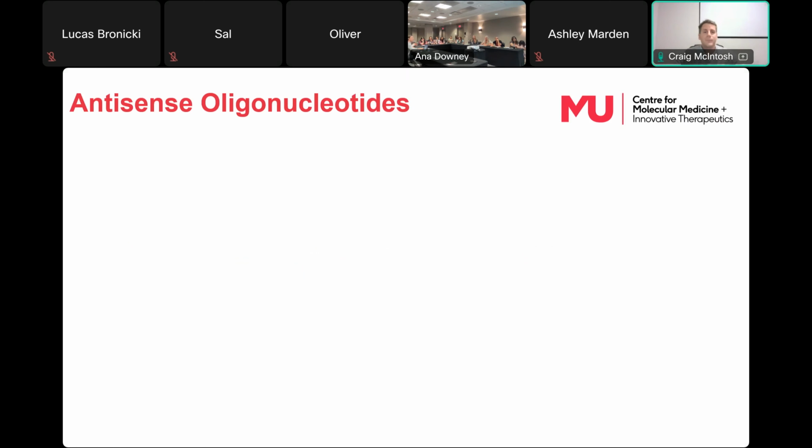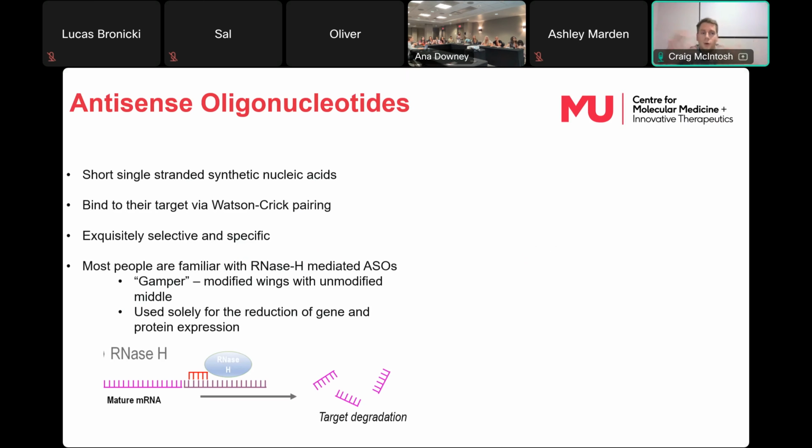All right, there we go. So I was just going to give a brief background on antisense oligonucleotides. They're called ASOs for short. They're basically a synthetic form of a DNA-like molecule, and they bind onto your genetic information with a great amount of selectivity and specificity.